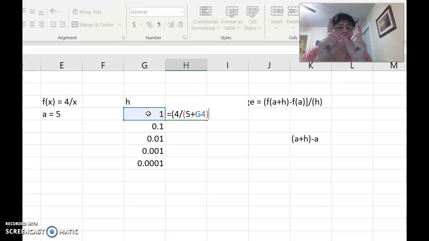So there's the first piece. We went over just a little bit, and then we're going to subtract exactly what is 4 divided by 5. And then, so I've got the whole thing in parentheses. See how Excel gives me enough parentheses. And then I'm going to divide it by h.